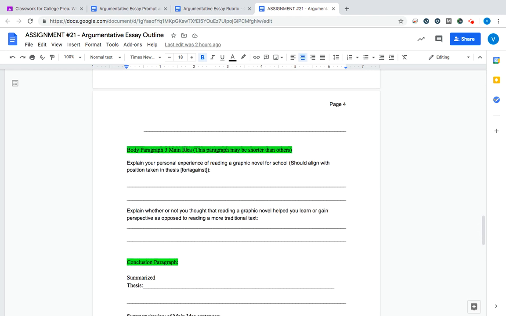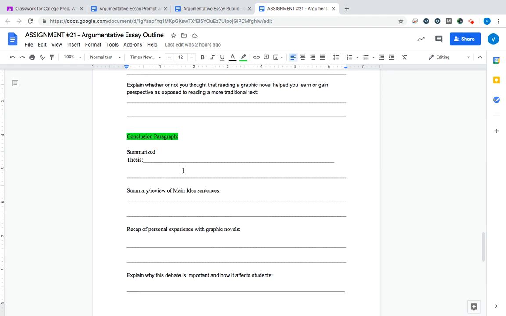Body paragraph 3, there will be an opportunity to flesh it out more later, but explaining our experience reading it, and based off your experience, why you support or do not support the use of a graphic novel in class. Note, I did write up here, once again, this paragraph is probably going to be shorter than others. That's okay.